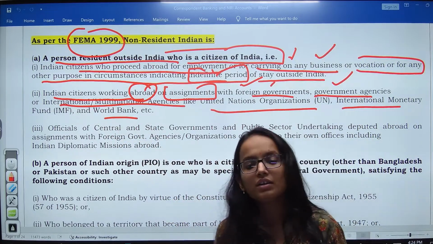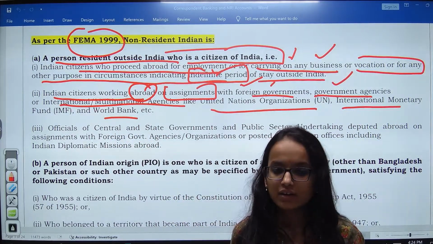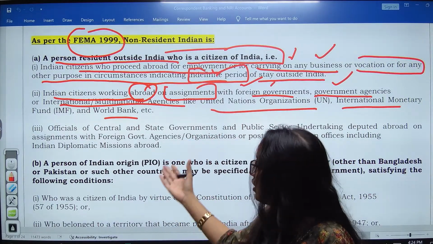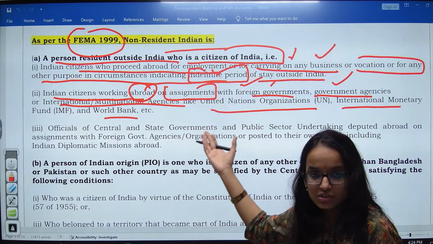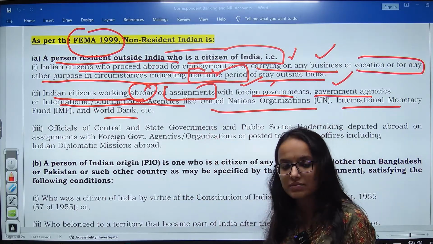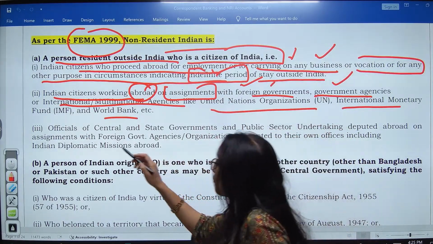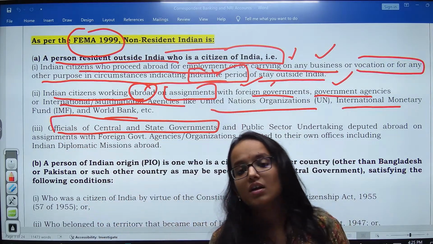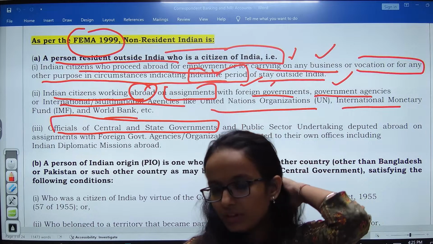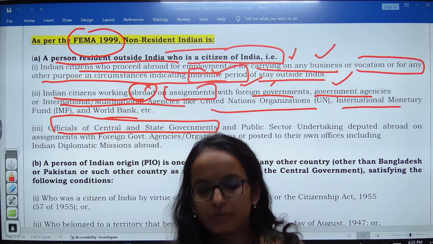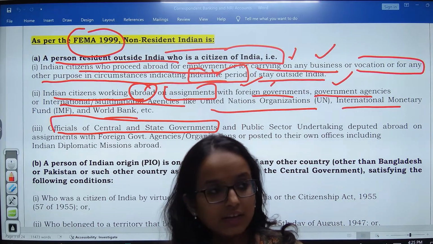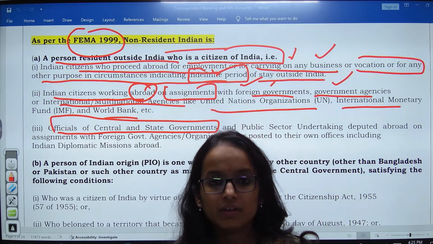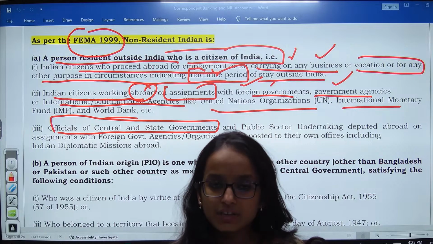So people living outside India as citizens of India, working with these organizations will also be classified as NRI. Or officials of central and state governments. As you all know, we have diplomats, we have officials working on behalf of the foreign ministry in various countries, on behalf of the Ministry of External Affairs.